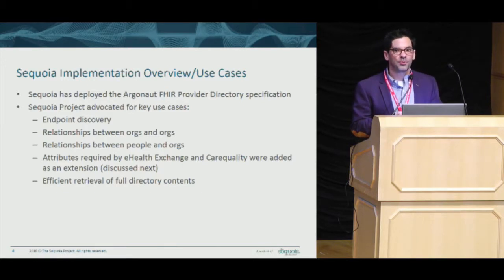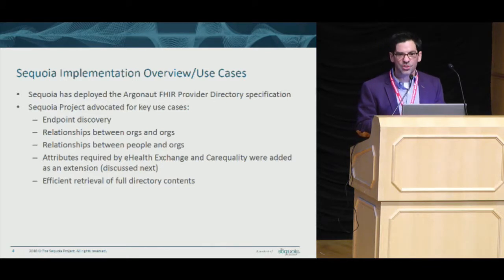So when I talk about a provider directory, I'm not talking about an old school user interface that maybe showed patients or consumers which docs they could visit within their network. Instead, this is a FHIR-based directory that's used behind the scenes and called by various applications to connect the various healthcare facilities and providers across the U.S.